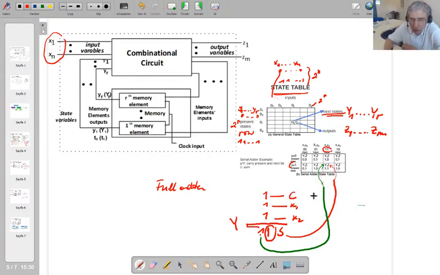So if you fill all this like this, that means if you give me an input, the numbers to be added, and give me the present state, from this table I can tell you what the output is. Let me do an example.